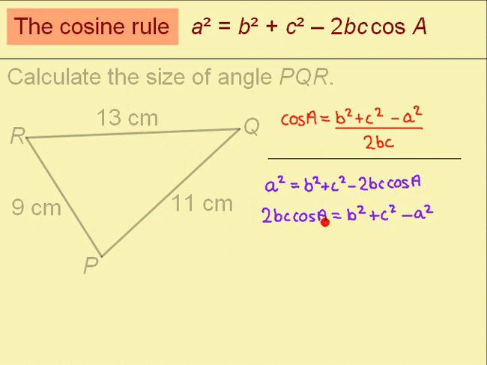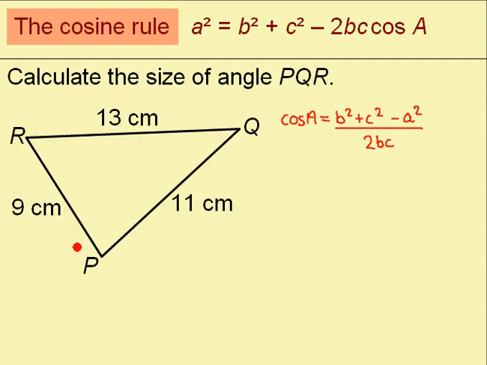Now to make cos A the subject, I just need to divide by 2bc. So I've got b squared plus c squared minus a squared, divided by 2bc. So remember, you definitely need to learn this formula. You can then either learn this one as well, or learn how to get it from the original formula.